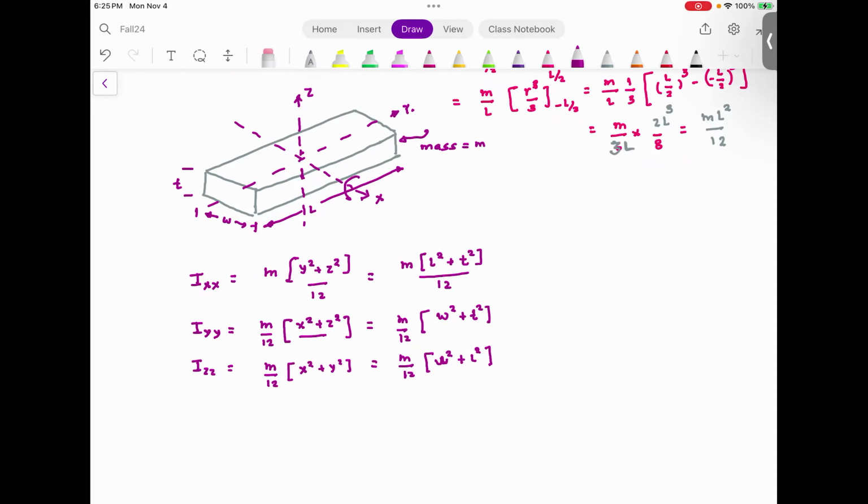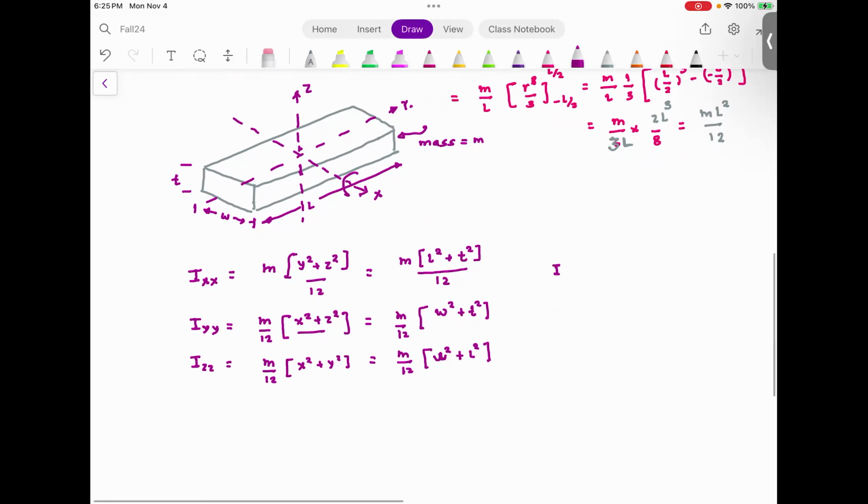Whenever you are finding the mass moment of inertia about the centroid, that inertia tensor, called I, is a diagonal matrix, and you get Ixx, Iyy, and Izz, with zeros everywhere else.